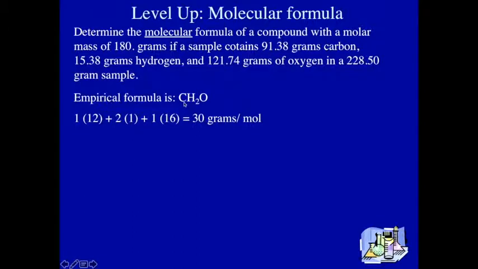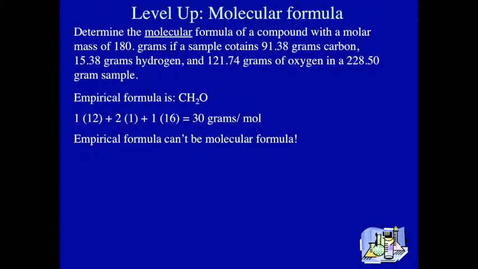The ratio needs to stay the same. So if I multiply this by 2, I need to multiply that by 2, I need to multiply that by 2. So it would mean if I multiplied everything by 2, C2H4O2 gives me the same ratio as CH2O. But we're very confident in this case the empirical formula cannot be the same as the molecular formula.